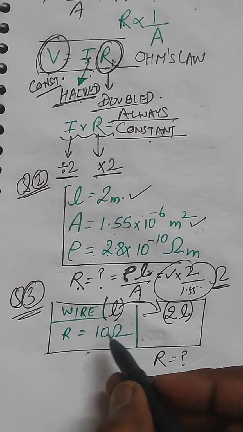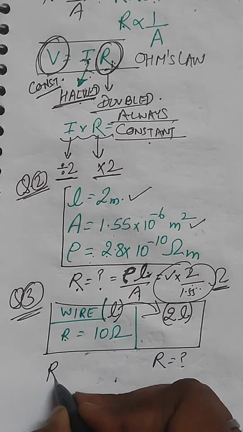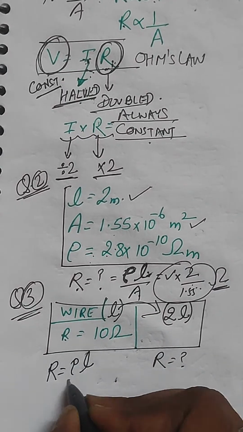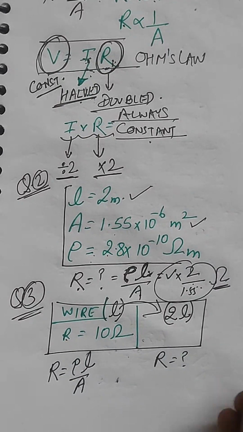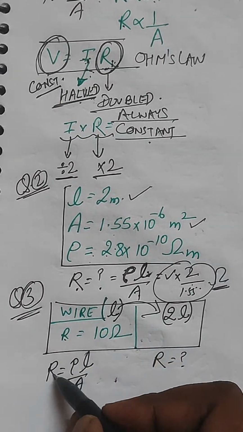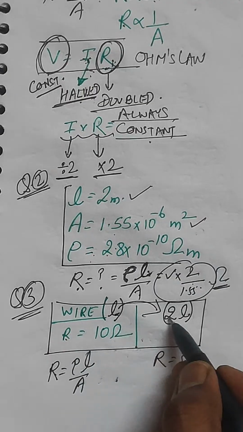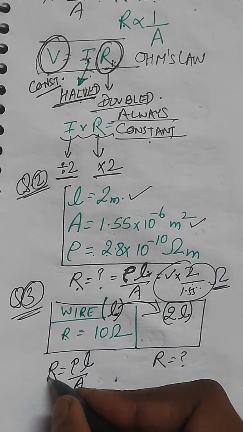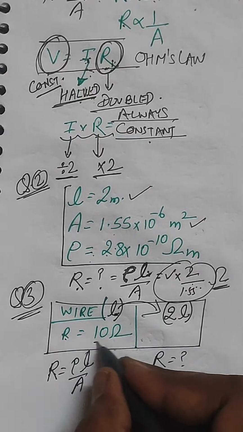So here you can see we again use the same formula, R equal to rho L by A. This shows that when the length is L, the resistance is 10 ohm.